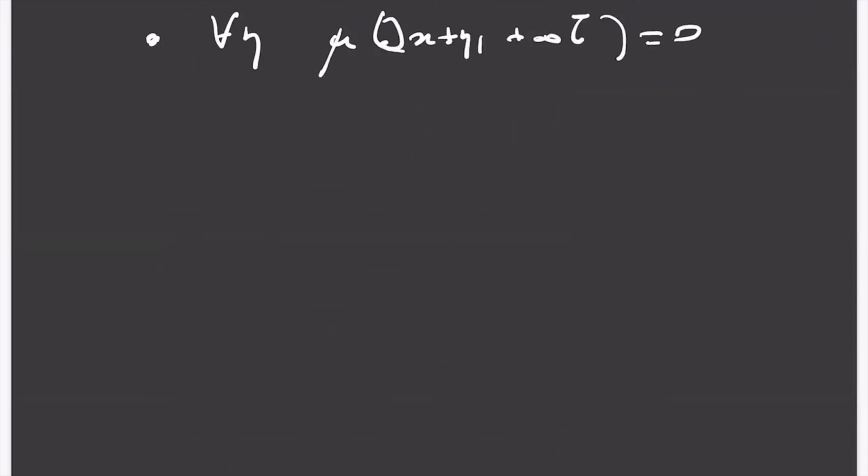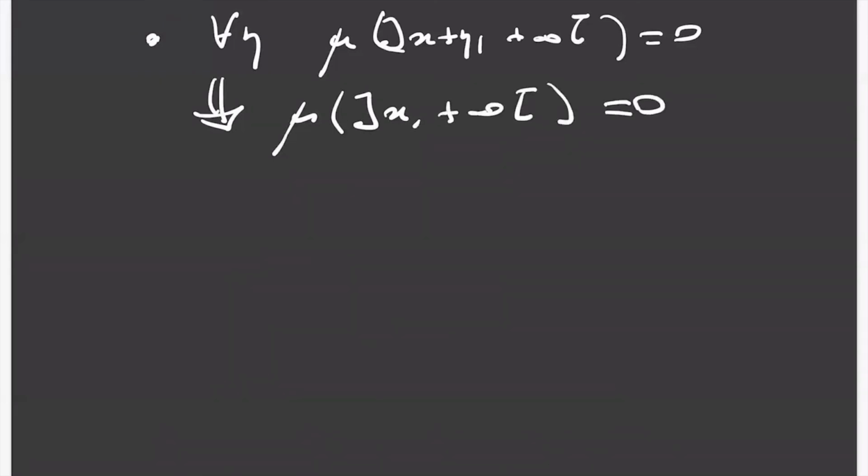So now what happens if, for whatever eta, the measure of x plus eta to plus infinity is equal to 0? If it is true, of course, this means that the measure of the interval x to plus infinity is also equal to 0.